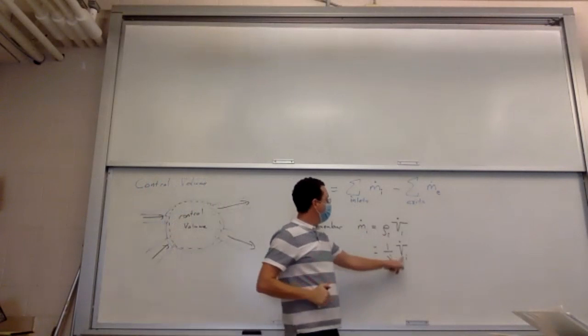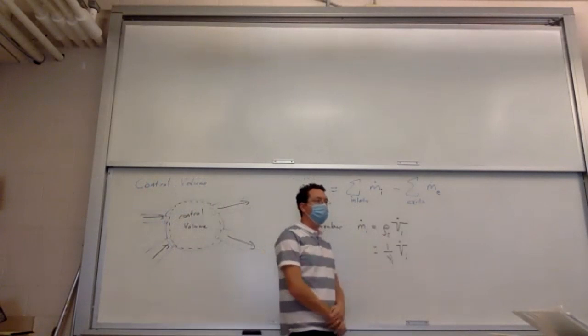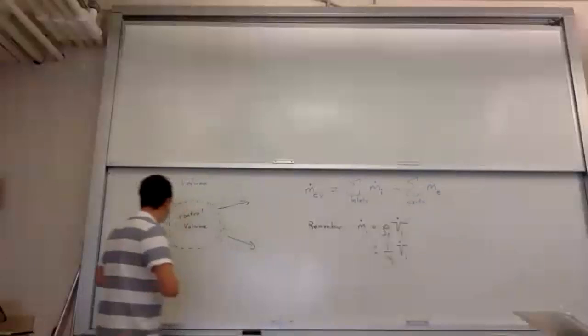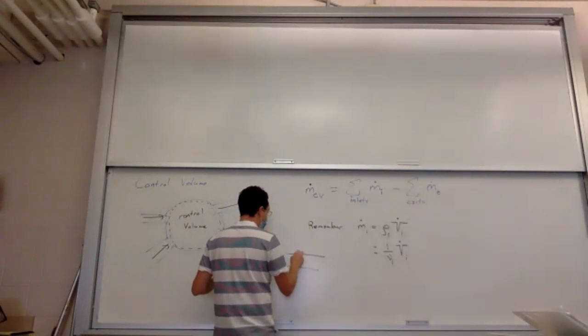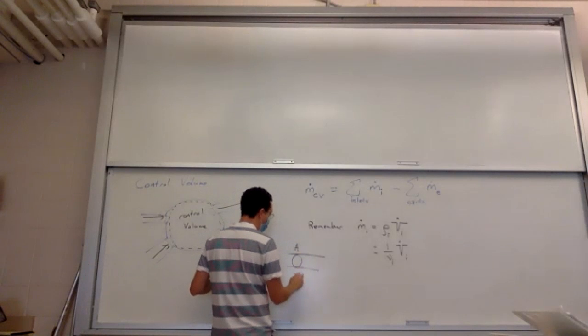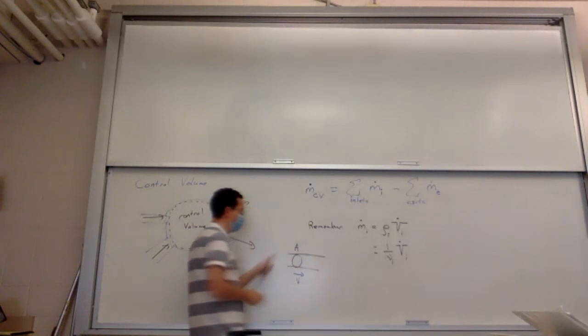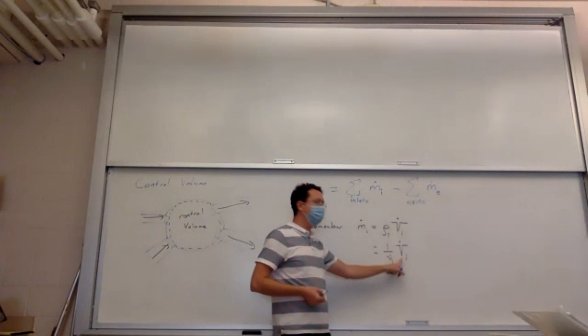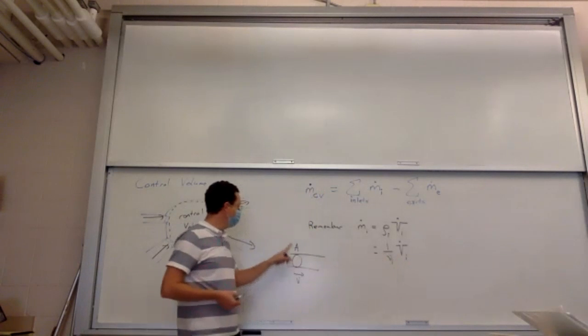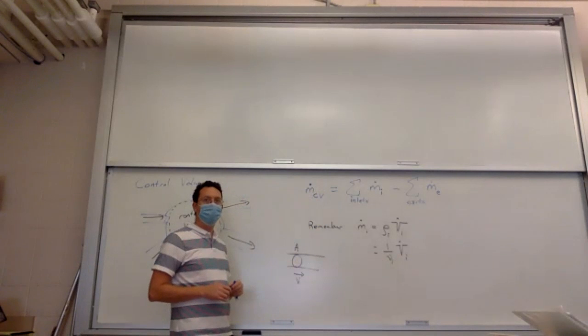What was the volume flow rate related to for a pipe? So if you had a cylinder, a pipe with an area A and the water flowed with a velocity V, how could you relate the volume flow rate to these parameters? We've got units.